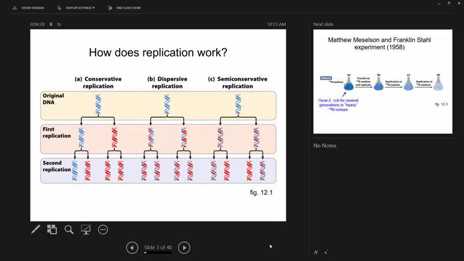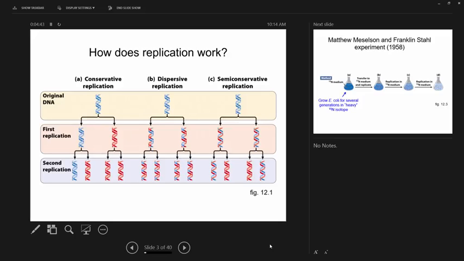The second is dispersive replication, where throughout the molecule you would have random old and new parts of DNA. And the third model, which actually turns out, spoiler alert, to be correct, is semi-conservative. So in this model, the two DNA strands separate, and then each blue strand that's old original DNA gets a second red strand put on it so that you have this.